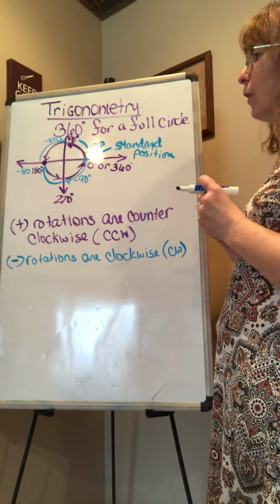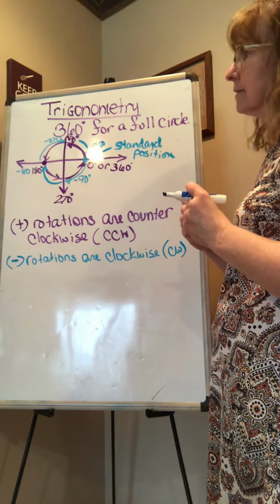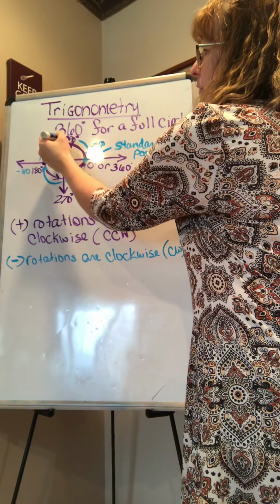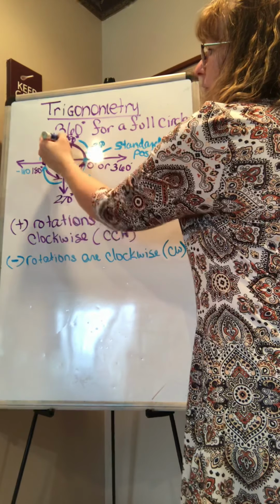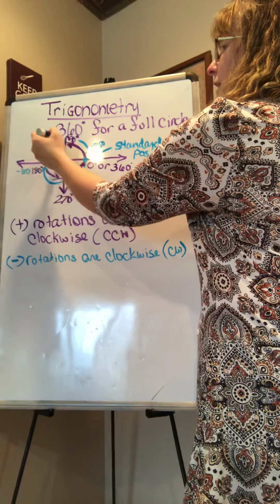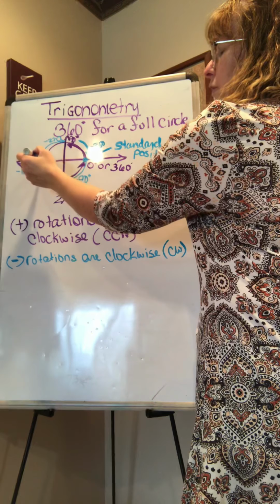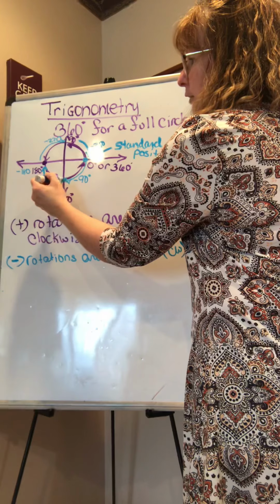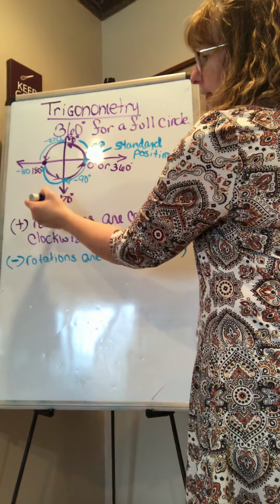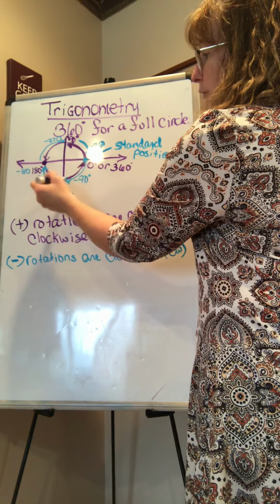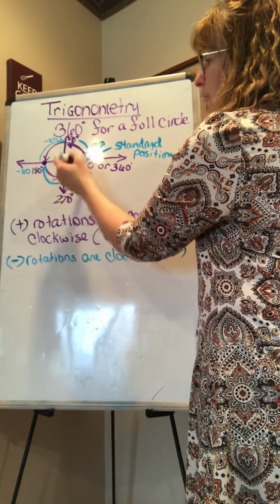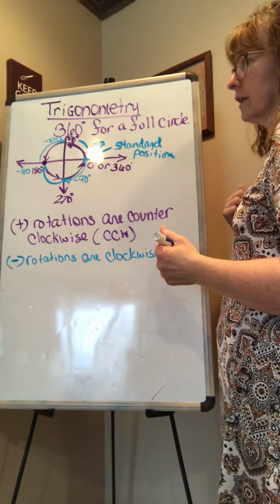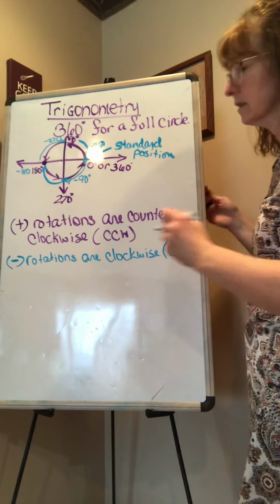And if you are an angle that lands on the border of a quadrant, 90 degrees lands on the border of quadrant 1, 180 is the border of quadrant 1 and quadrant 2, 270 is the border from quadrant 3 to quadrant 4, and 270 to 360 is another pair of quadrant angles, and we call those quadrantal angles.